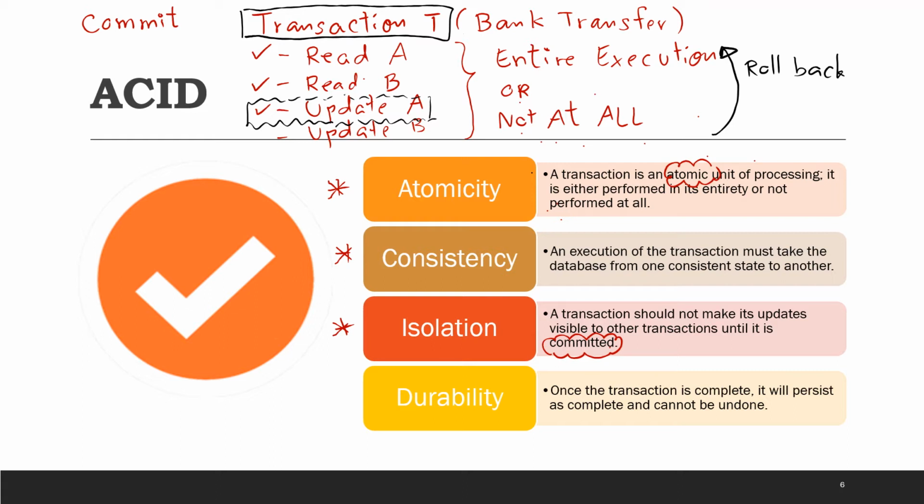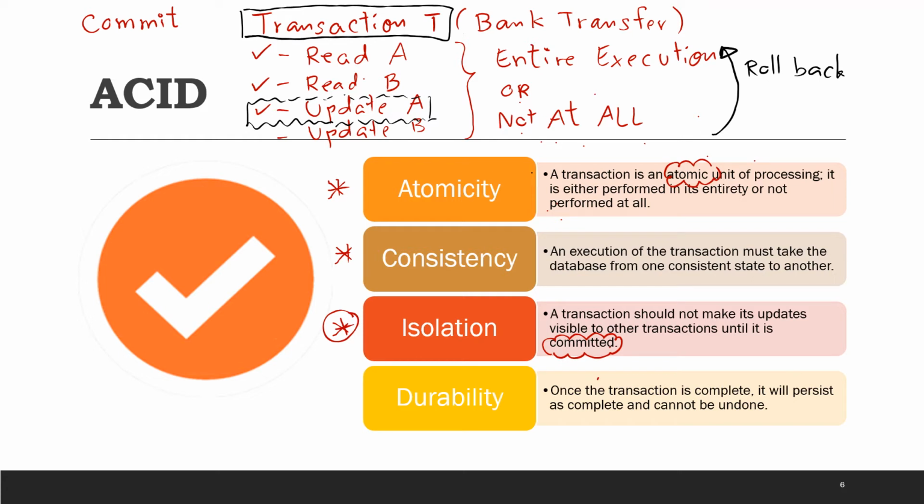We cannot roll back a committed transaction. But of course, partial execution means that the system will roll back, right? Partial execution of a transaction, that means an uncommitted transaction, will be rolled back, but a committed transaction will not roll back. So back to isolation. Why is this important?